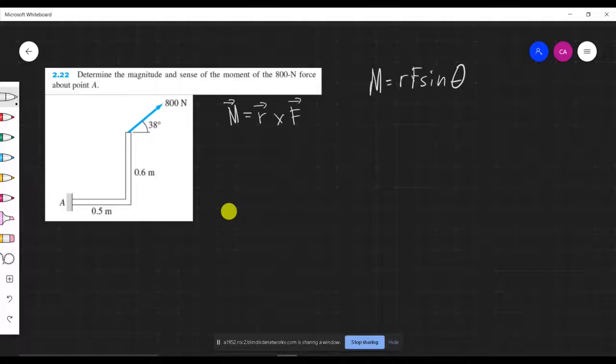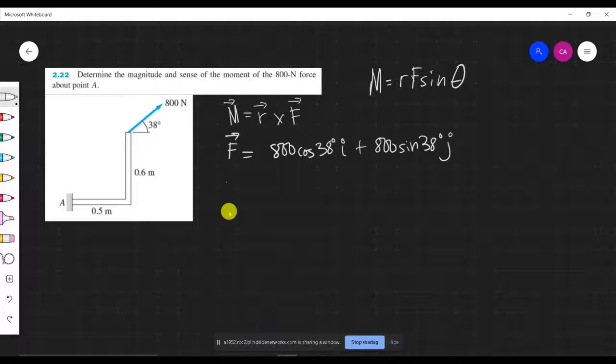So, ngayon, yung F, tignan natin yung F. So, the force or the magnitude of vector F is, kung titignan natin yung nasa kaliwang bahagi, makikita natin na yung kanyang I is 800 cosine 38 degree I plus 800 sine 38 degree J. Okay? So, yun yung vector F.